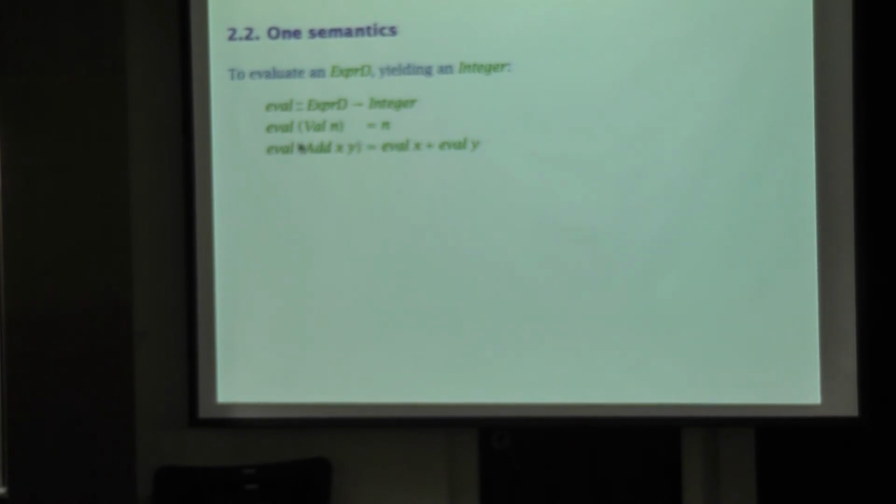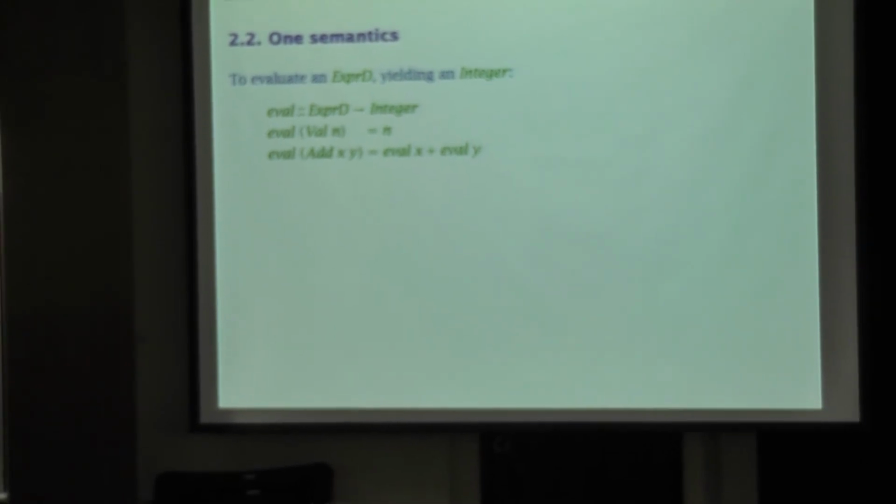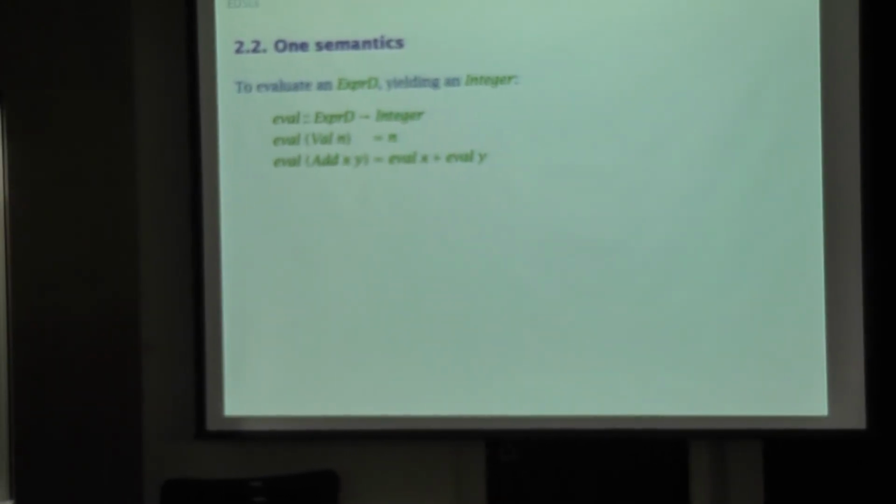And I hope it's obvious to you how this program works. If you've got a val with the integer n inside, what's the semantics of that expression? What integer does it represent? Well, n. This val 5 here represents 5. This one represents 4, and that one represents 3. And what about the semantics of an add?